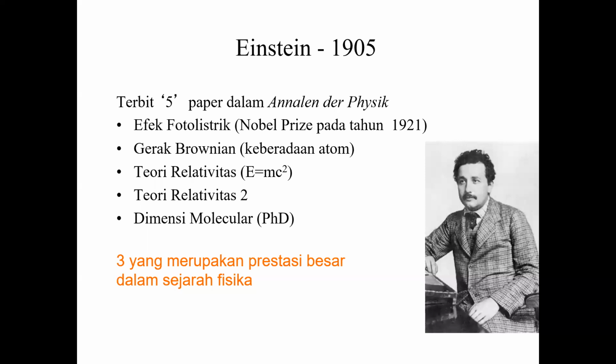Also, Albert Einstein in 1905 published five papers in Annalen der Physik. This was already quite a famous German scientific journal at that time, and it still exists.